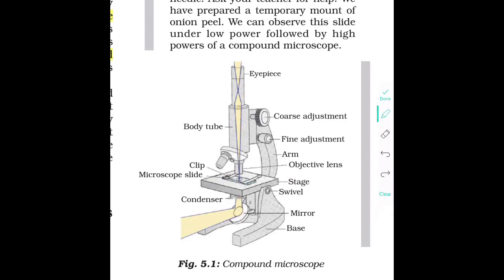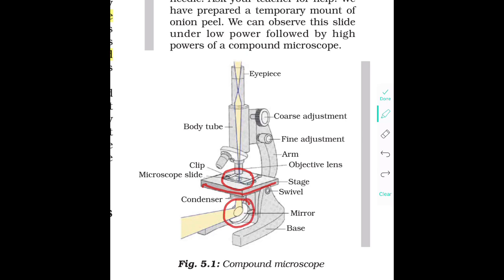Here is the slide which we prepared, and this square box is the stage. Light is passed through the specimen with the help of a reflector mirror positioned below the stage. This is the reflector mirror which helps to focus the light.